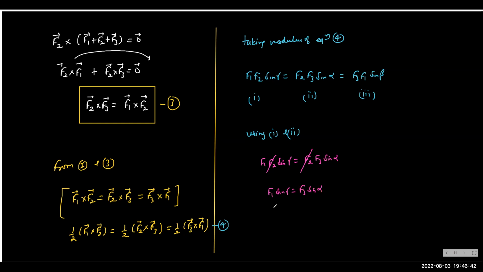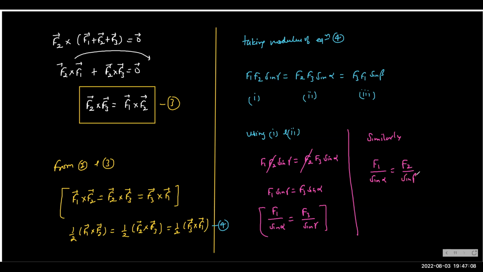So can I write F1 by sin alpha is the same as F3 by sin gamma? Similarly, I'm not going to write the next. So can I write eventually F1 by sin alpha is F2 by sin beta is F3 by sin gamma? Is it okay, guys, to write like this?